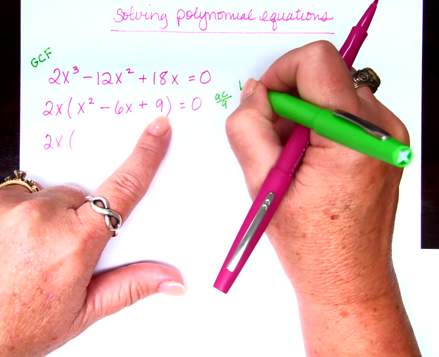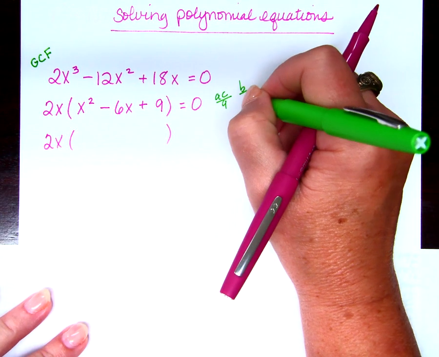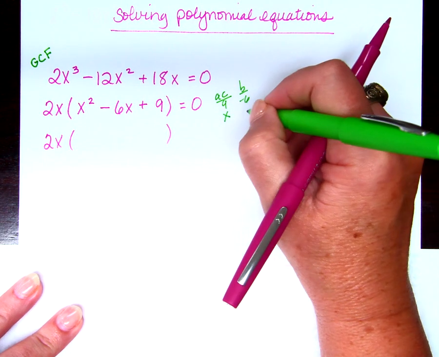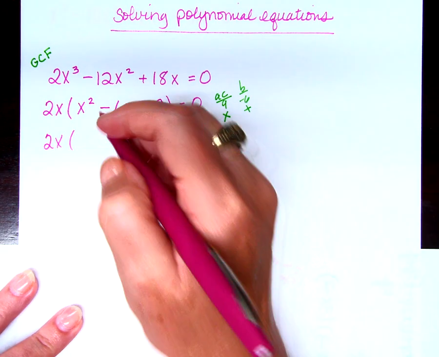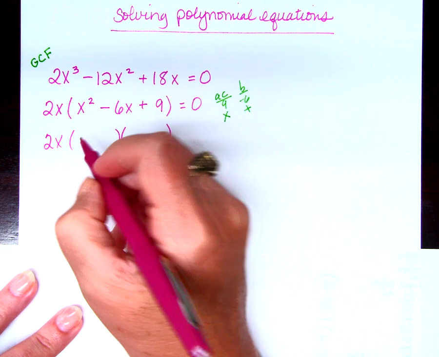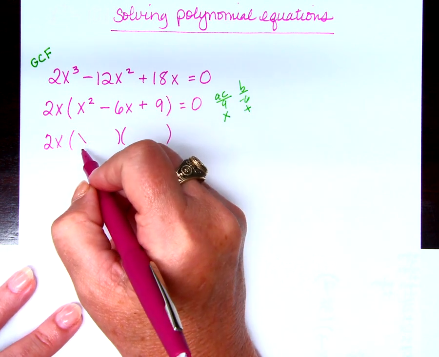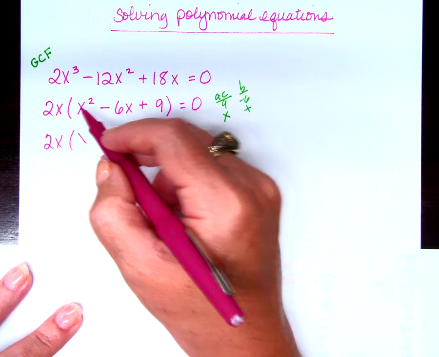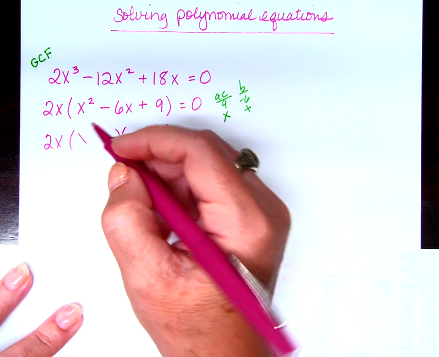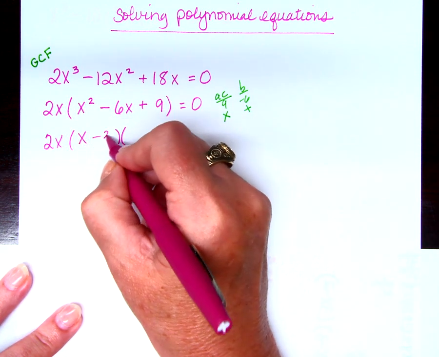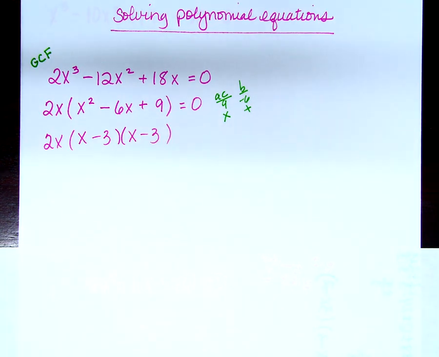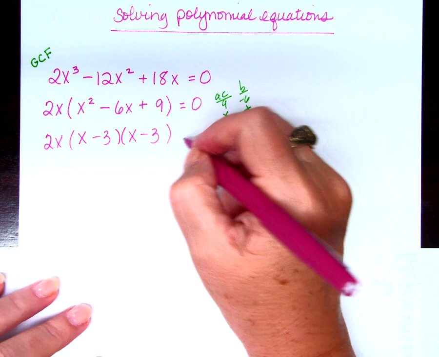And what's B? -6. So what two numbers multiply to be 9 and add to be -6? -3 and -3, and since A is 1, what can I do? I can go straight to my factors, can't I? I don't have to factor by grouping this time because A is 1. Do you remember that?